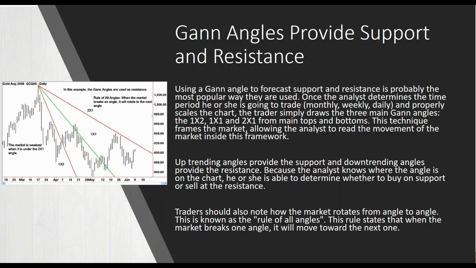Okay. Then once you have that and properly scale the chart, the trader simply draws 3 main Gann angles. They are a 1-2, a 1-1, and a 2-1. Okay, now you're saying, what is all that mess? From the tops and the bottoms. This technique frames the market, allowing the analyst to read the movement of the markets inside.